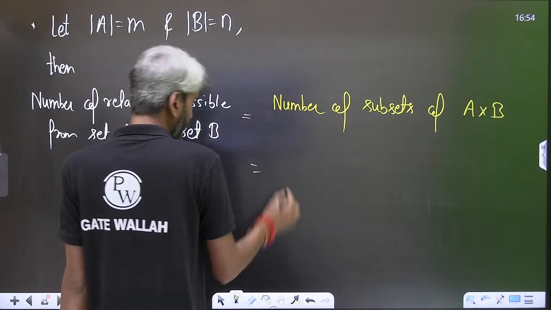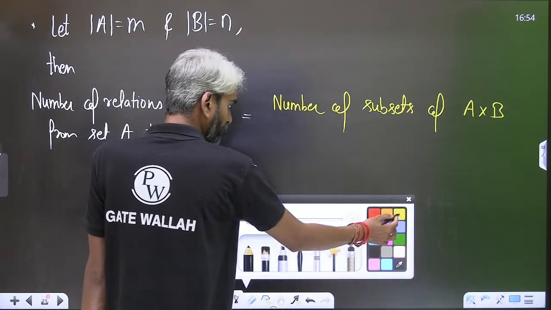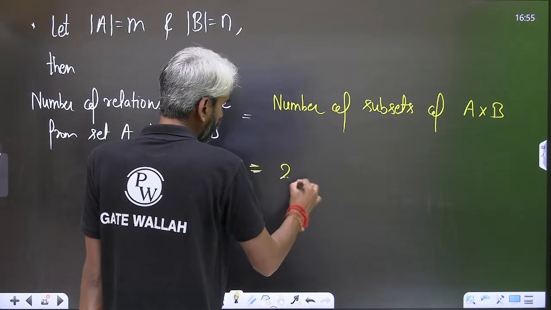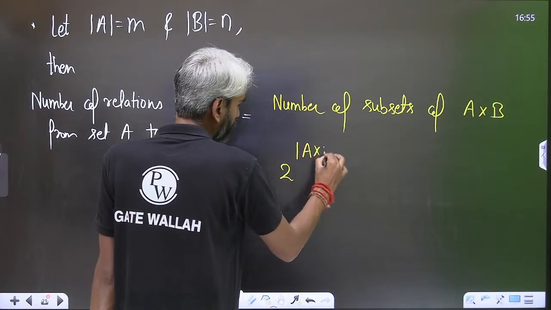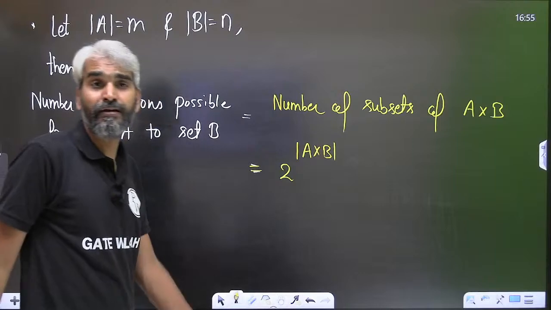It will be 2 raised to the power cardinality of A cross B, because that's how we define the number of subsets.